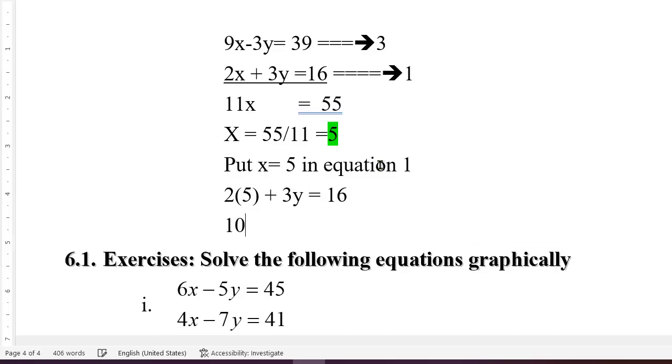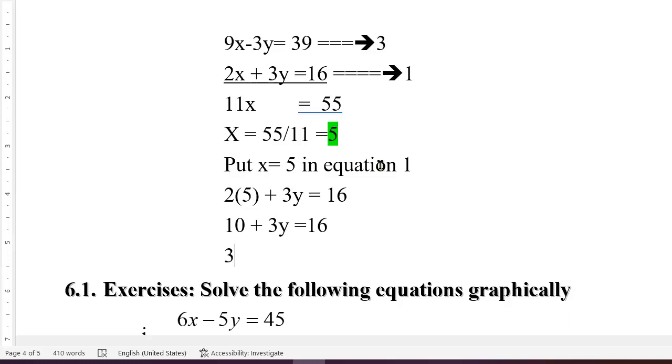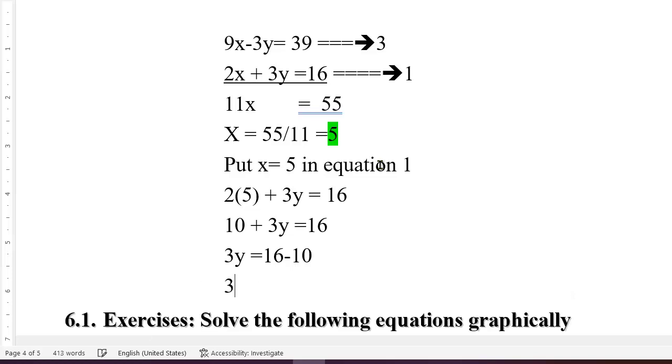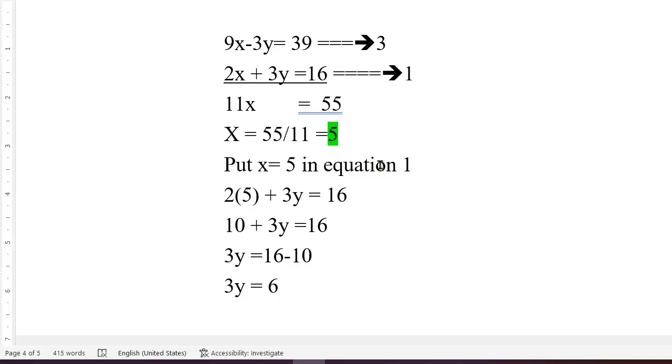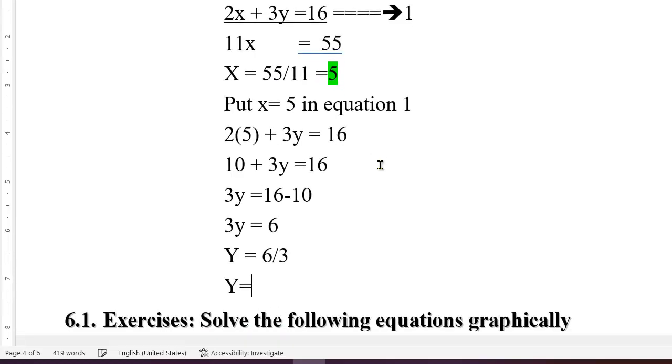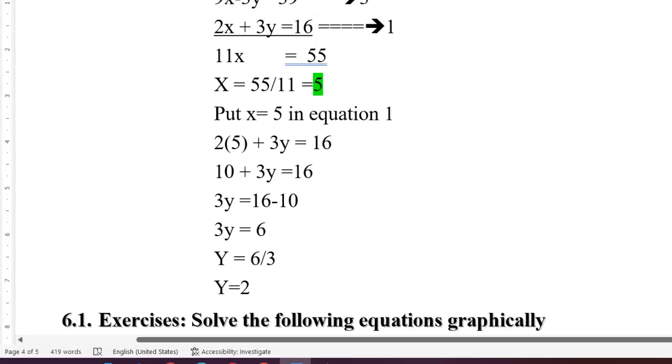So 5 2s are 10 plus 3y equal 16, 3y equal 16 minus 10, and 3y will be equal to 6, and y will be equal to 6 upon 3, so the y value will be equal to 2.